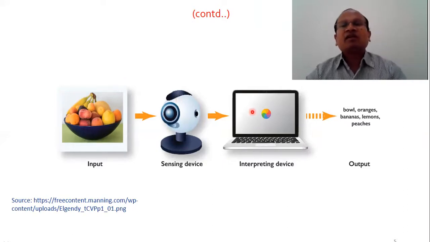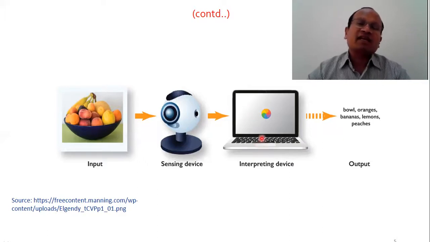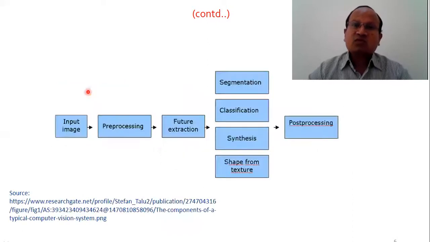This computer is an intelligent device that can interpret, and therefore it can differentiate, it can make out that the bowl is there where there are oranges, bananas, lemons, peaches, and the computer can understand and classify what the objects are in a picture or in a scene. This is what is computer vision.